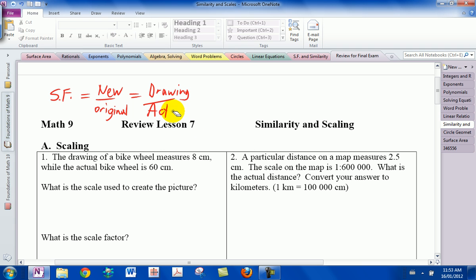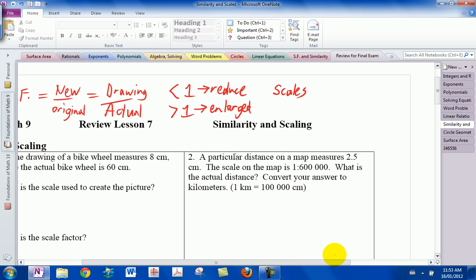And it's either a fraction or a decimal, your choice. If it's less than 1, that means it was reduced. If it's greater than 1, that means it's enlarged. And if it equaled 1, that was neither.